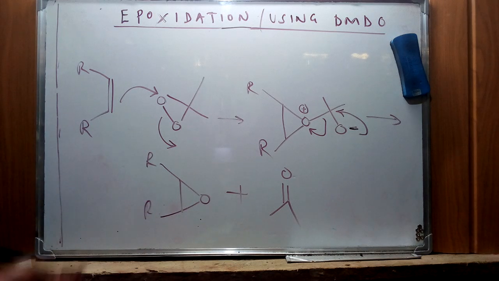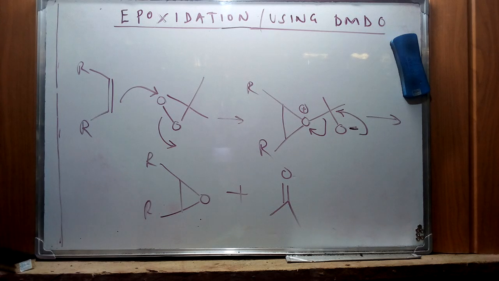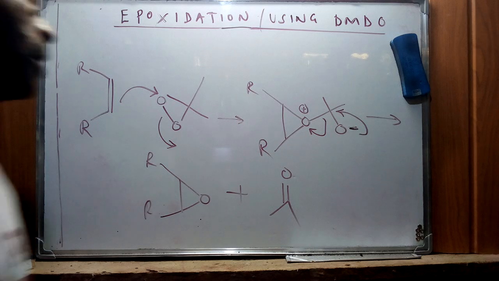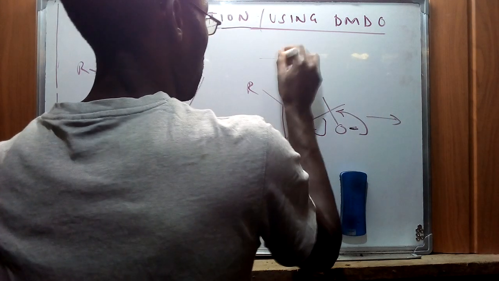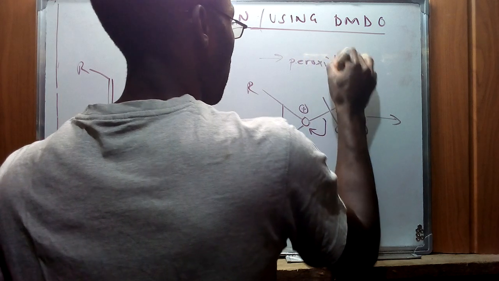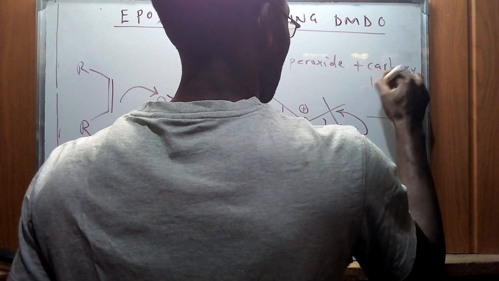And this, we said, is a reaction or a procedure that we're going to employ whenever we find that the epoxides or the products that are produced are too reactive to be made using the peroxy acid we had initially used in our first case. And we are also going to consider that the products are going to be a peroxide and the carboxylic acid that was going to be formed.